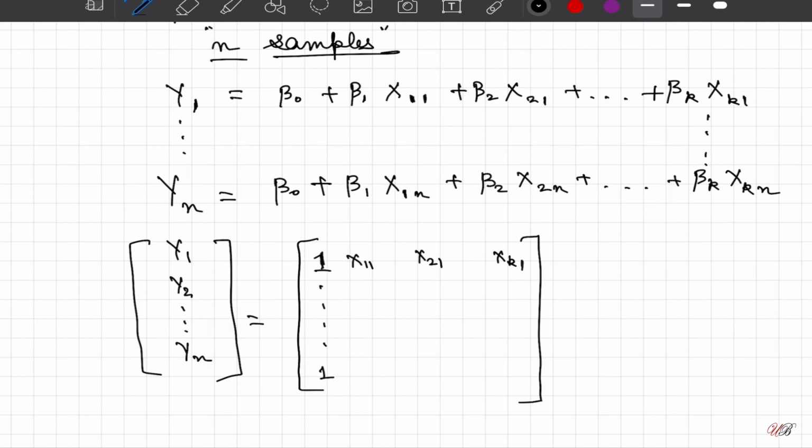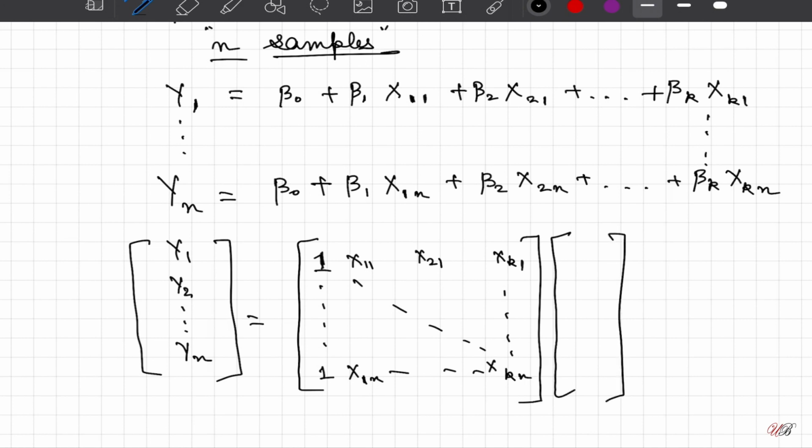And here we will have the value of x1 on day n, and this is xkn, and so on. This particular notation is very important to understand if we are learning any kind of data science or machine learning approaches. And now we can write these coefficients as beta naught, beta 1, all the way to beta k.